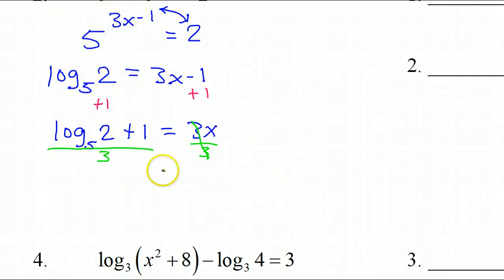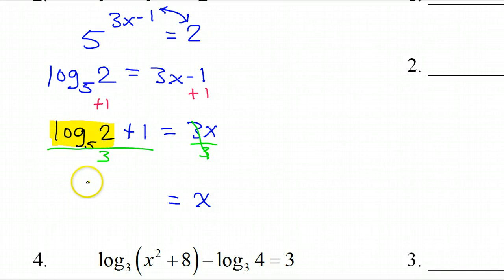Now, this is still not 100% ready to type into the calculator because of this log base 5 of 2. There's no way to directly type that into the TI-30. So we need to use our change of base formula. Alright, so we're just focus on this part right here.